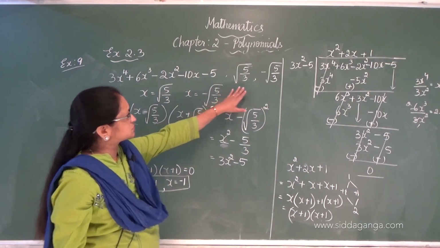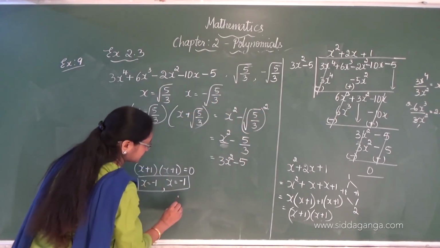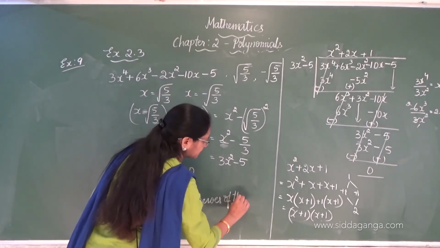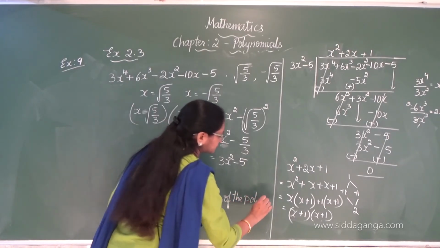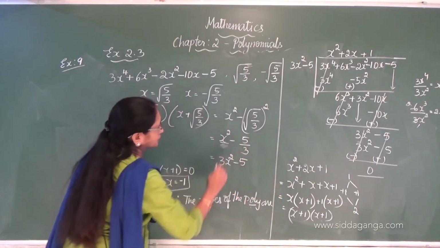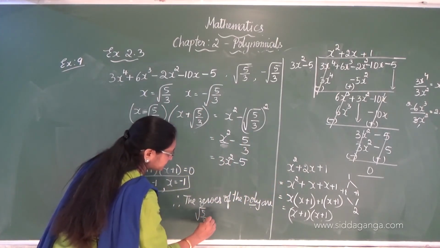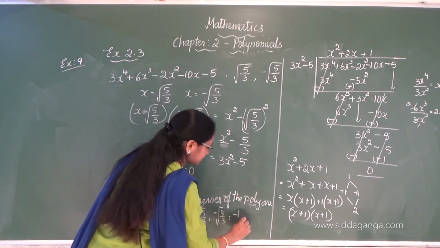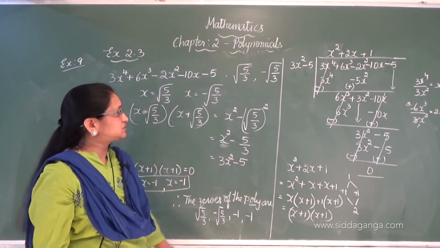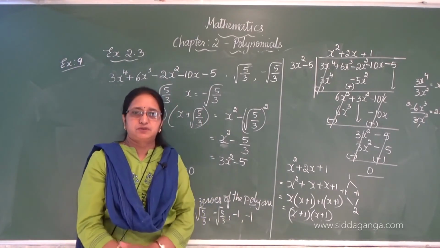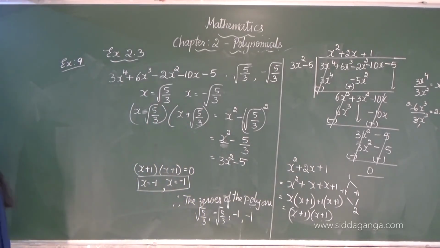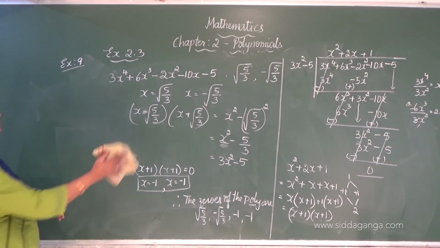Therefore the zeros of the polynomial are root 5 by 3, minus root 5 by 3, then minus 1, minus 1. So these are the 4 zeros of the polynomial. I hope it is clear. Okay, we'll move on to the fourth one.